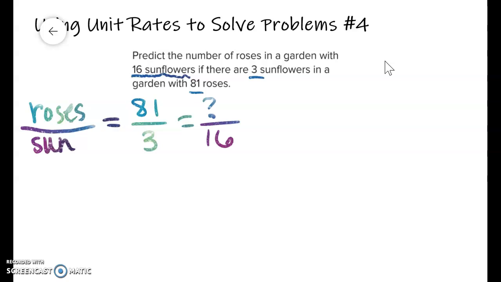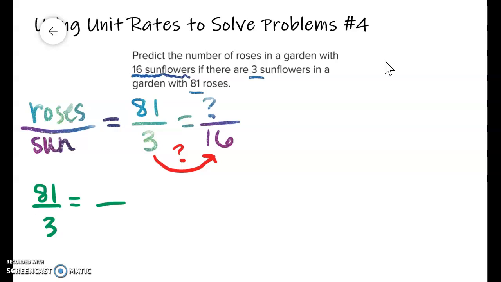So just like in all the other examples, there is not a good way to turn a 3 into a 16. There just isn't. So what we're going to have to do is set up a unit rate, and we can do that. So I'm going to keep the rate the same, 81 roses to 3 sunflowers.